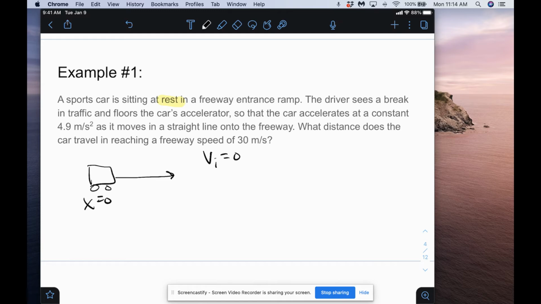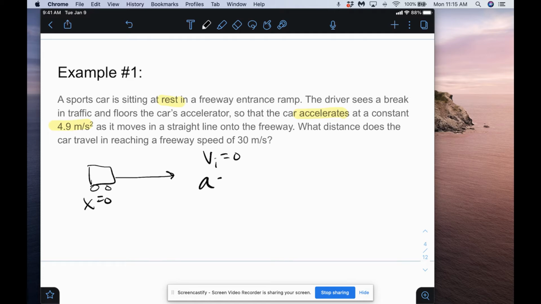It then says that the driver sees a break in traffic and floors the car's accelerator so that the car accelerates at a constant 4.9 meters per second squared. Now, it specifically says the car accelerates here. Sometimes they'll say it speeds up or it slows down, so you have to be really careful about what they're giving you there. Here, they're giving us acceleration.